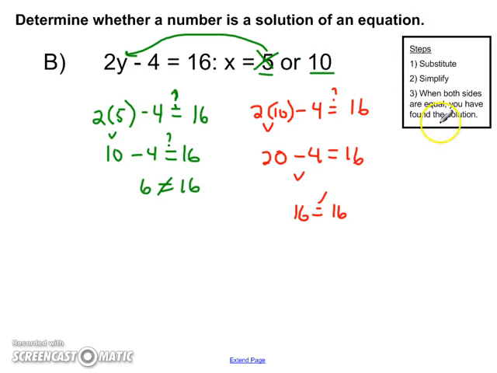Okay. And again, here are the steps for when you're just simply trying to determine whether a solution is a solution to an equation. This is what we do to check our answers when we're solving equations. Once we have an equation, or have a solution to an equation, we should substitute into the expression and see, do we get balance.